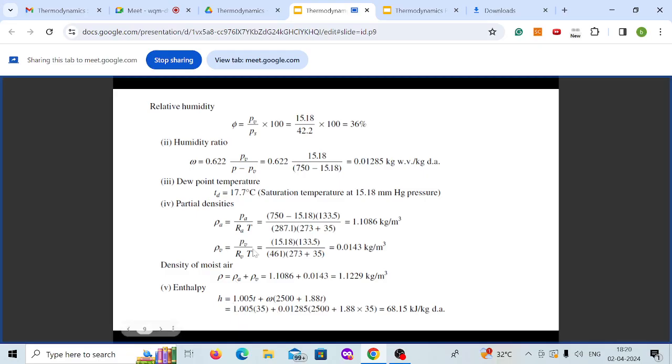That will give you your enthalpy at that point. So 1.005 is Cp of air, so Cp into T plus omega into the latent heat at 0 degree Celsius plus the water vapor Cp into T. Substituting your temperature and the specific humidity or humidity ratio which you have found out, we can find the enthalpy at that point is 68.15 kilojoule per kg of dry air.